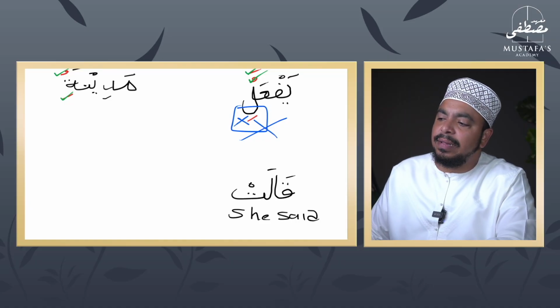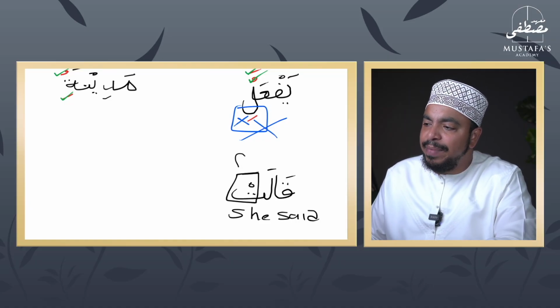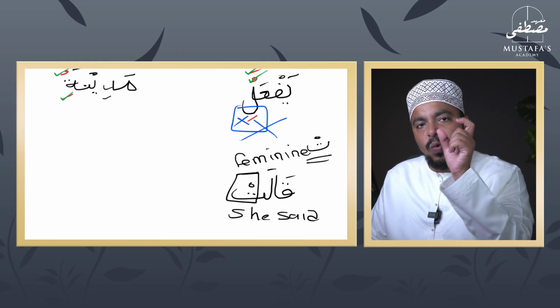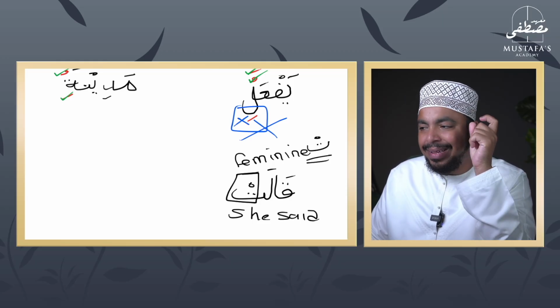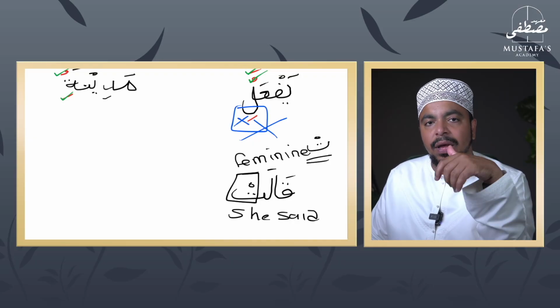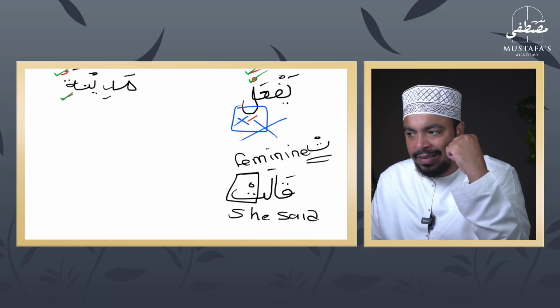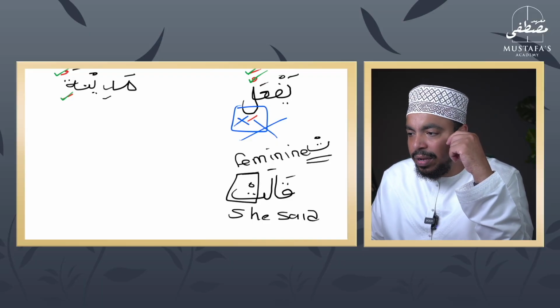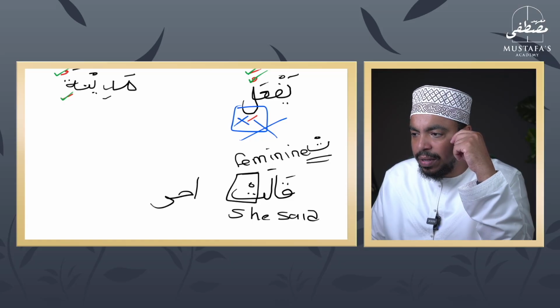Remember when we said that this ta is the feminine ta, which comes at the end of a verb with a sukun. It's an open feminine ta that comes at the end of a verb with a sukun. Remember that in our previous classes. If you go on the playlist, you'll notice that the answers are there. Because of this, sometimes we have the word, let's say, ukhruj.